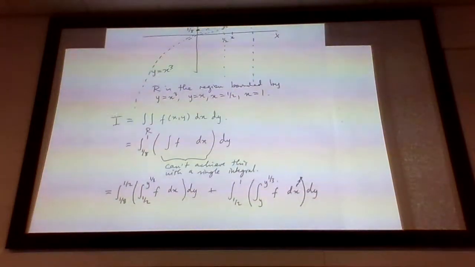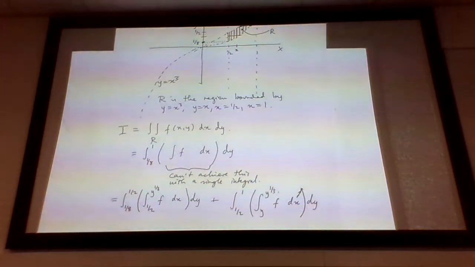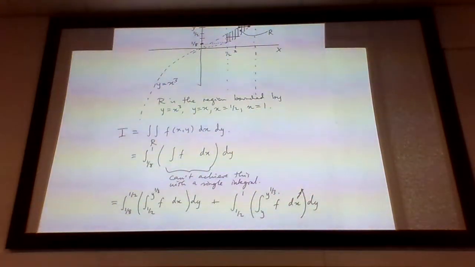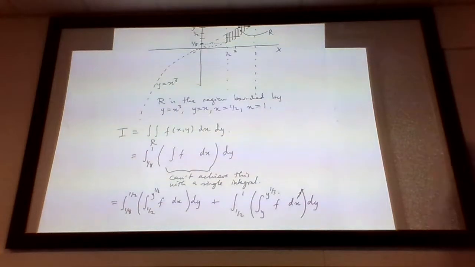So that shows you how, again, we've seen this in examples before, how sometimes when you're integrating over a region, using one ordering of the variables might require you to split it up into two or more different repeated integrals.